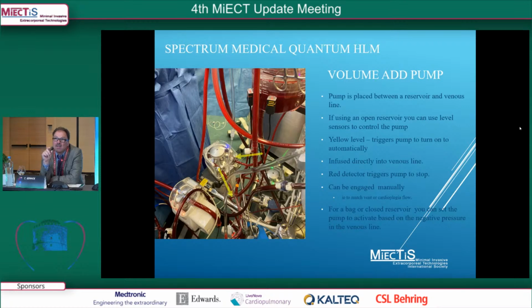we're using level sensors. Here you can see on the top we have a yellow and a red level sensor. The yellow level sensor, when tripped, will turn that pump on, and it will automatically infuse blood back into the venous line to try to keep up with that volume displacement that is so critical during these cases.